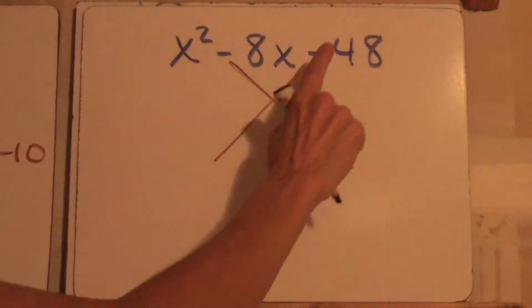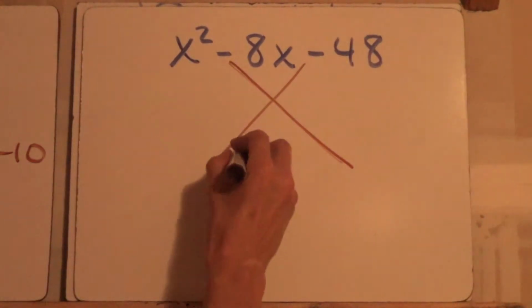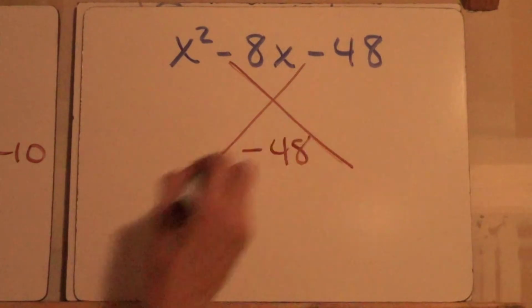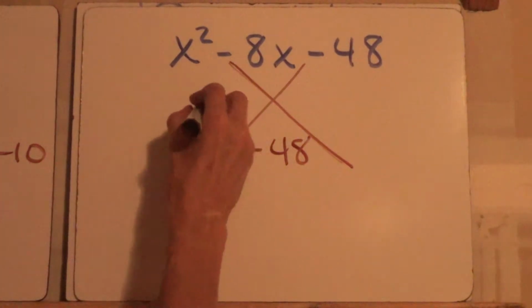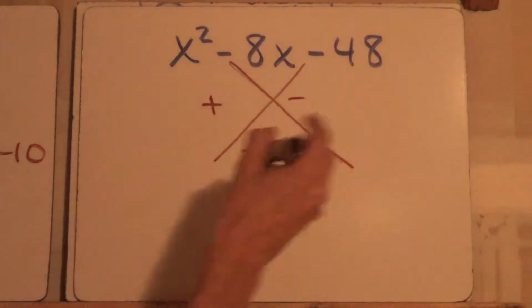Okay, here we go. Negative 48 times positive 1 is negative 48. Because that's a negative, we know one's positive, one's negative, so they're subtracting.